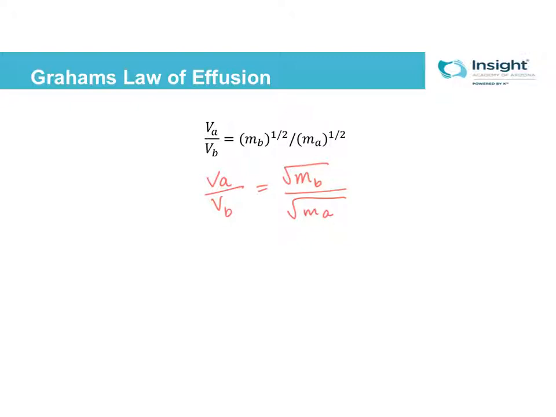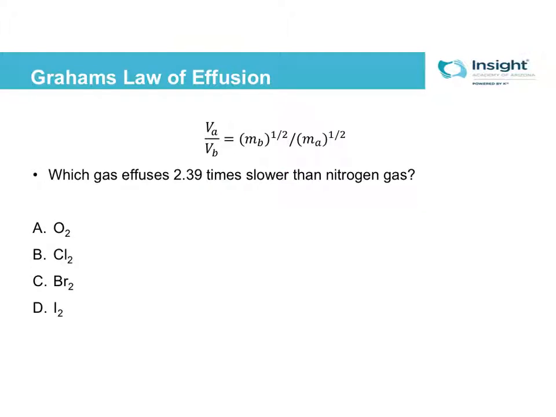All right, so let's apply this to a problem. Which gas effuses 2.39 times slower than nitrogen gas? We want something where nitrogen gas is 2.39 times faster. So I'm going to make 2.39 our velocity of nitrogen.